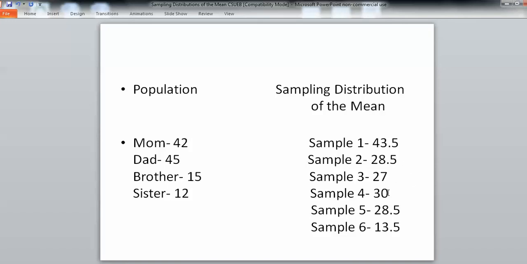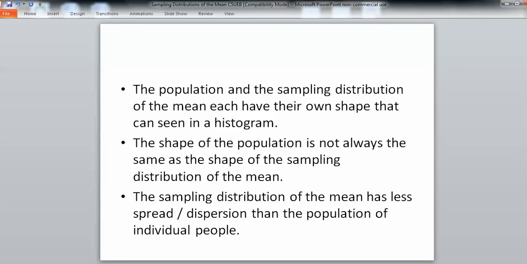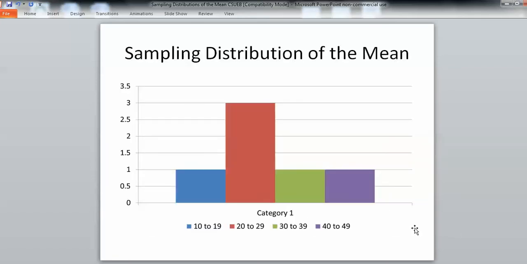We can also see that 1 sample had a mean in the 30s. And it looks like 1 sample had a mean in the 40s. So we had 1 sample with a mean in the teens, 3 samples with means in the 20s, 1 sample with a mean in the 30s, and 1 sample with a mean in the 40s. Let's see if that's correct. That's correct.